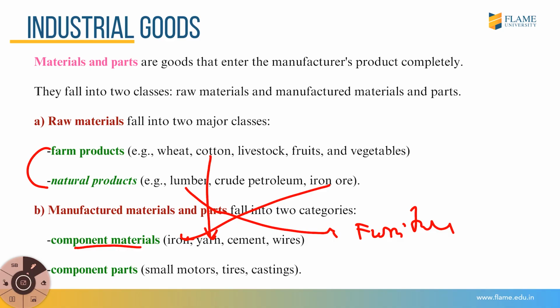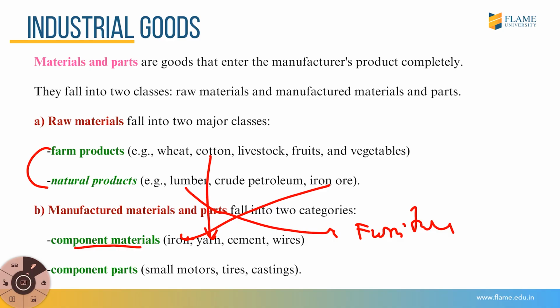A tire is also a form of manufactured material, and it goes into the final manufacture in a separate way. So that is why it is called component parts. It is not the main composite component of the vehicle. It is manufactured by some other manufacturer and then sent to the car manufacturer for addition in their vehicles.